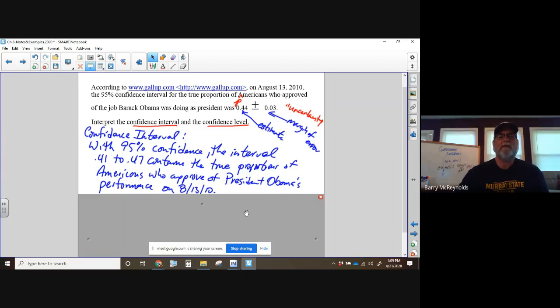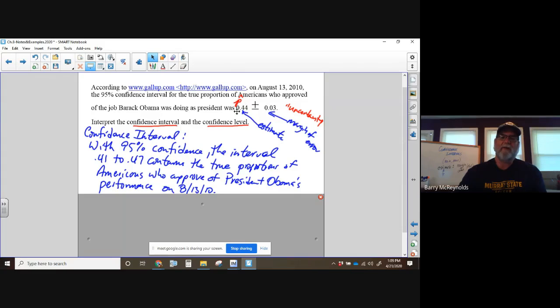Okay, so we want to talk about the confidence interval and the confidence level. But first of all, let's note what we've got here. This 0.44 is a point estimator based on the sample from Gallup poll. They did not survey every American adult. They surveyed, I don't know, 1,500, some reasonable number of Americans.